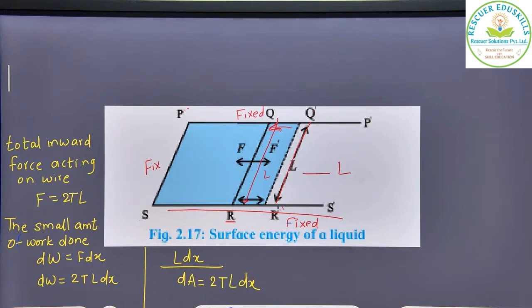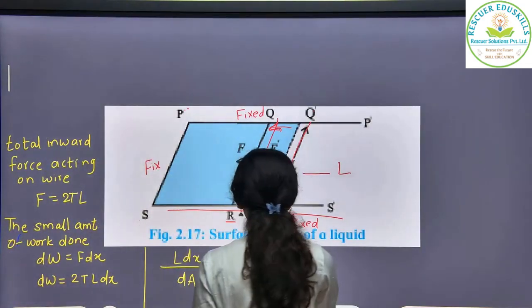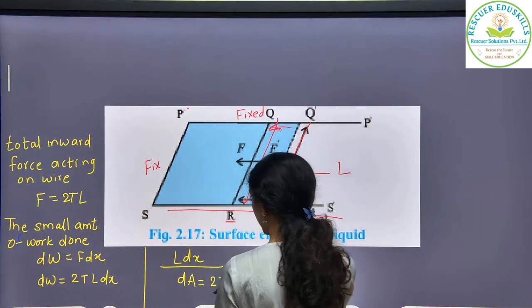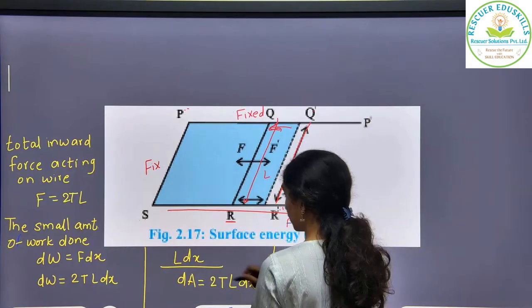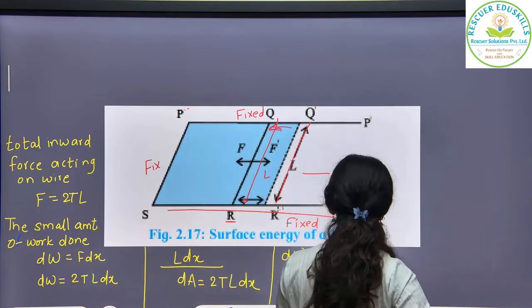Okay, so now what are we going to do? We are going to substitute this in this equation. So we can write dW is equal to, substitute this 2TL dx. This is written as 2TL dx, right? So we can write this as T dA, right?